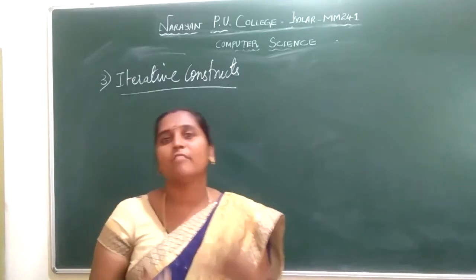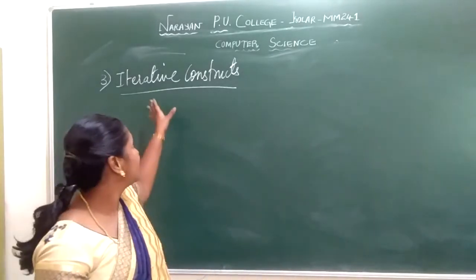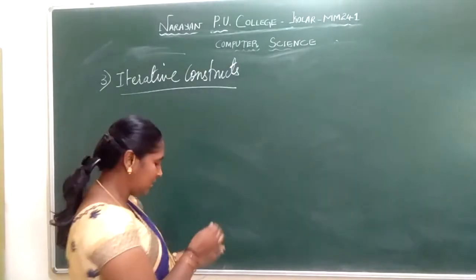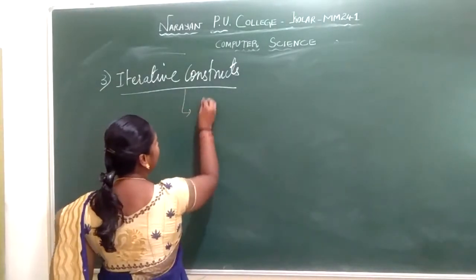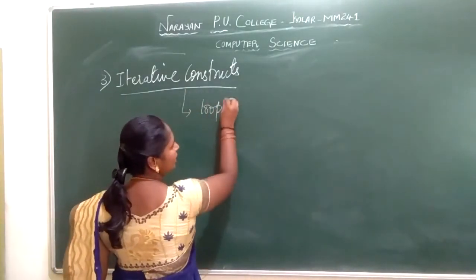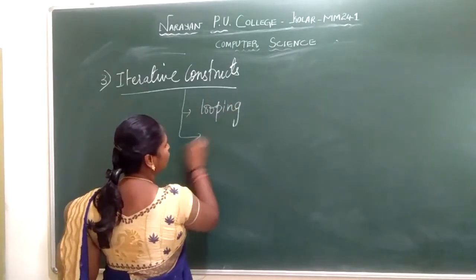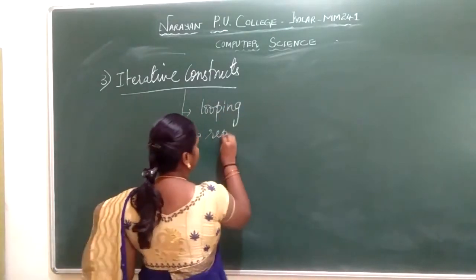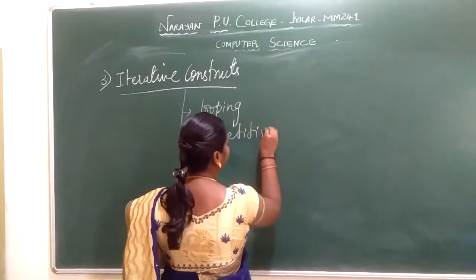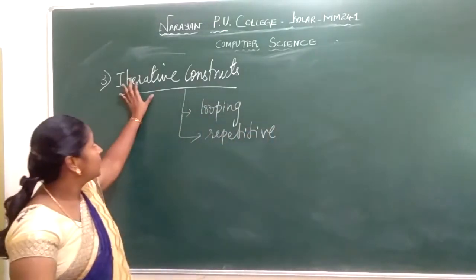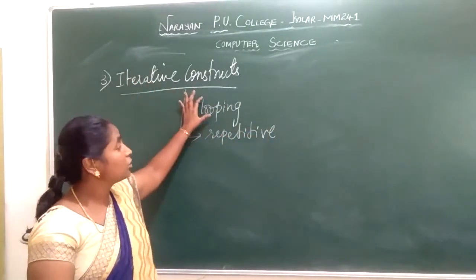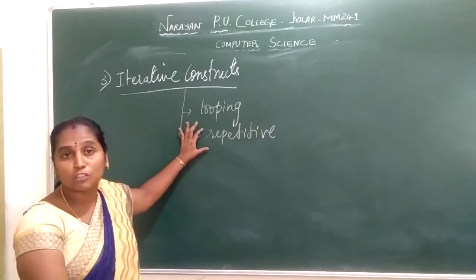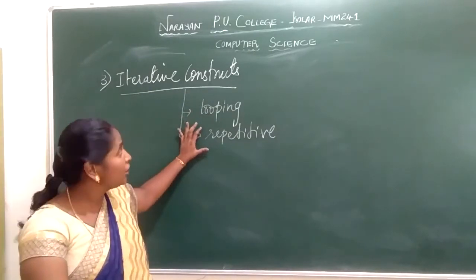Such a construct we call an iterative construct. This iterative construct is also called the looping construct, or it is also called the repetitive construct.